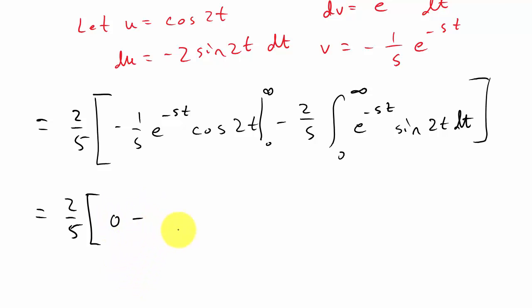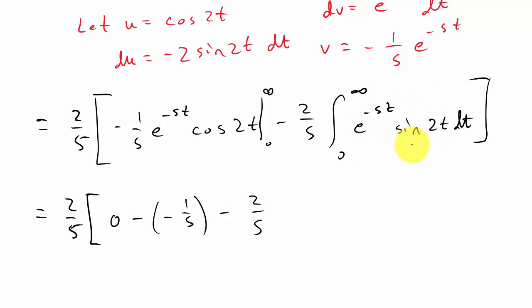And then I have minus, and then when I plug 0 in, cosine of 0 is 1. Well, so this is just going to be negative 1 over s, minus 2 over s, okay, so I got 0 minus negative 1 over s minus 2 over s.